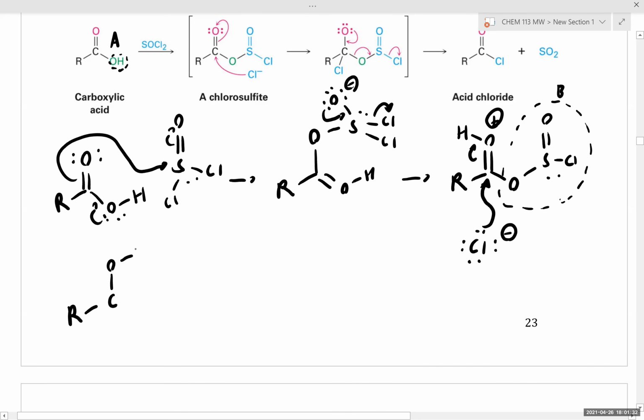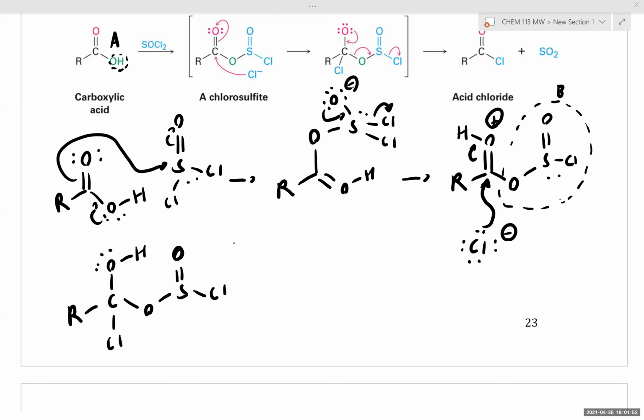What's interesting about this mechanism is that unlike 99% of the examples you'll see for carbonyl substitution, if we had to pick a leaving group to kick out, chloride or this chlorosulfite derivative, which of these two leaving groups would we kick out?